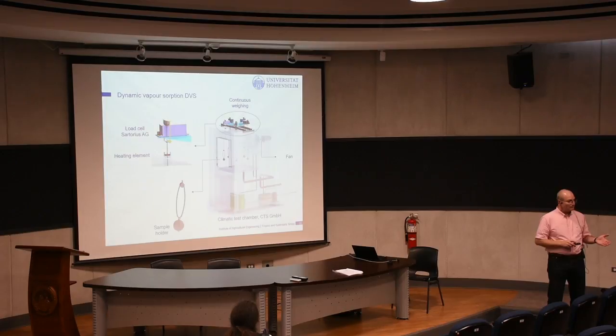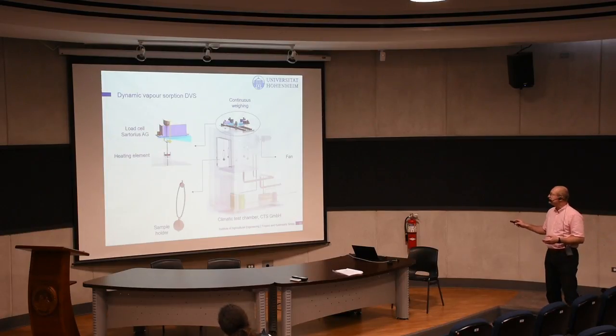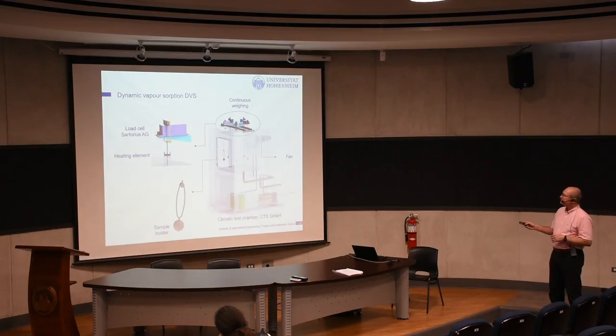We don't need the salt solutions any longer, and we have a ventilator inside which is agitating the air, so there is a much better exchange between air and sample than in such a vessel, which we have seen, the classical method. And we call it the dynamic vapor sorption method.